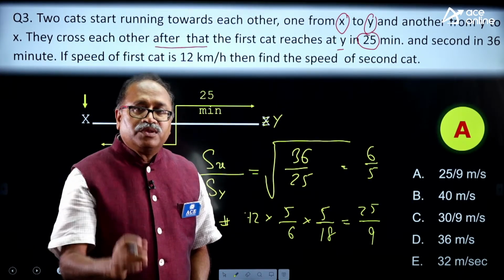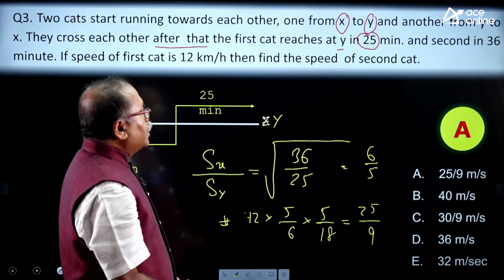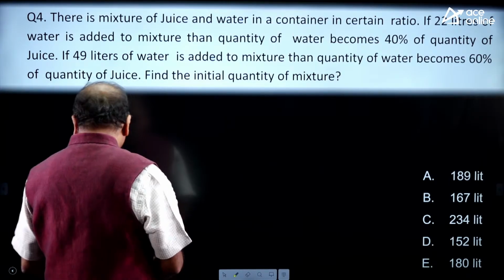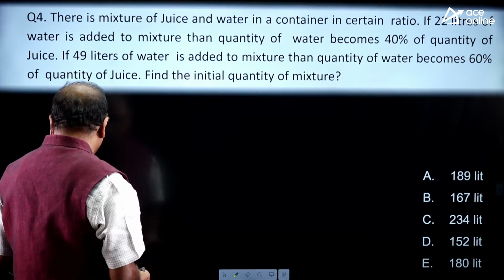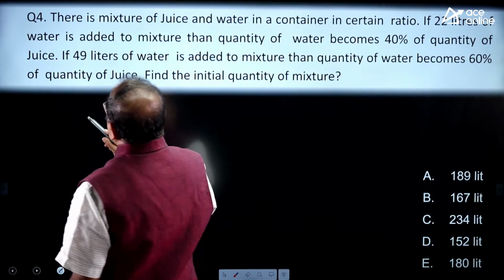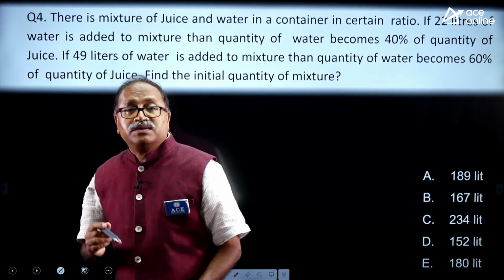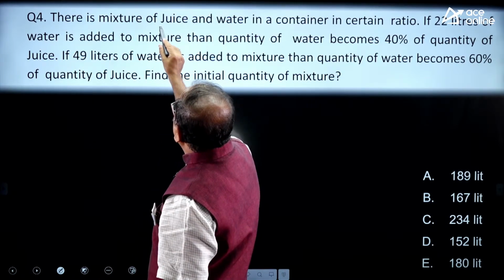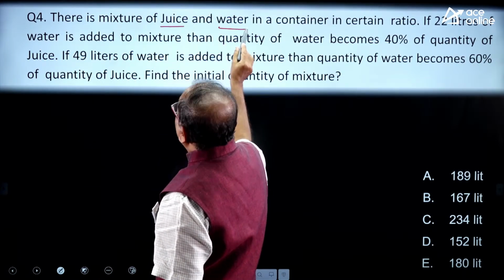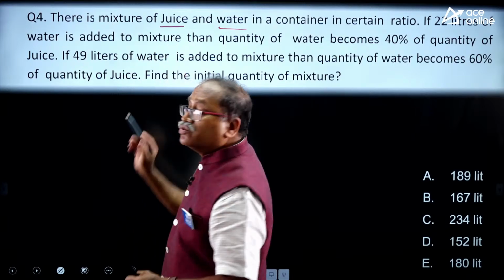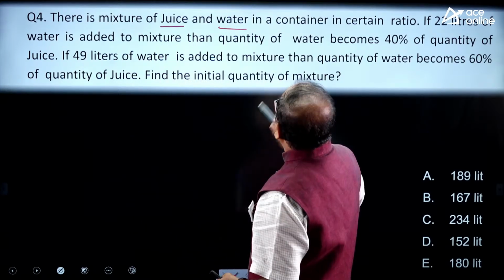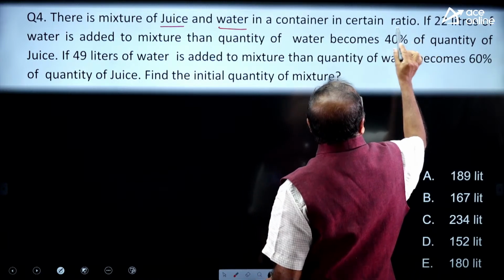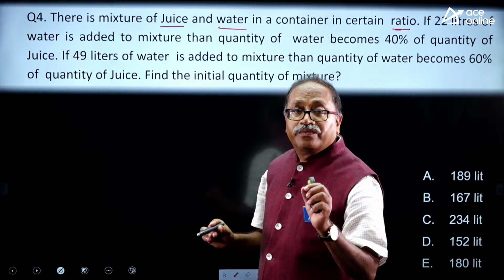Moving on to the next question. You can see the question here. Let's try and check if you can answer this question, Dharni. There is a mixture of juice and water in a container, in a certain ratio, I don't know in what ratio.